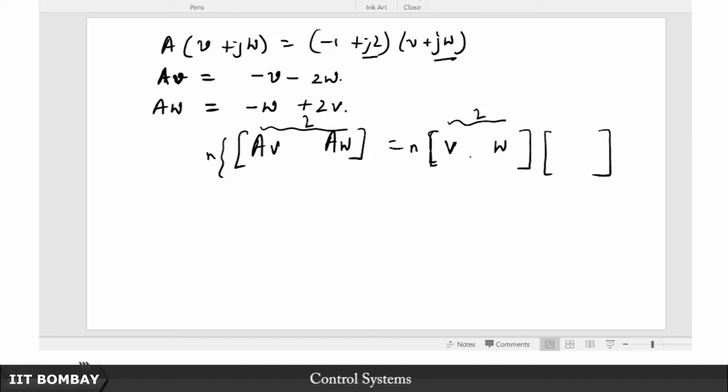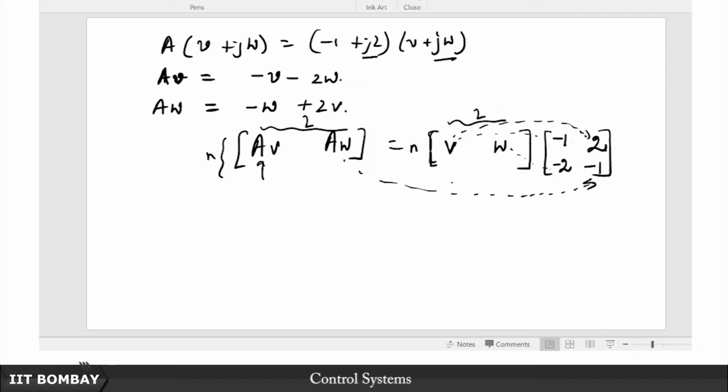So what is this first column equal to? The first column is equal to minus 1 times V minus 2 times W. What about the second column AW? That is equal to minus 1 times W, and 2 times V, so the second column here is minus 1 times W and 2 times V.